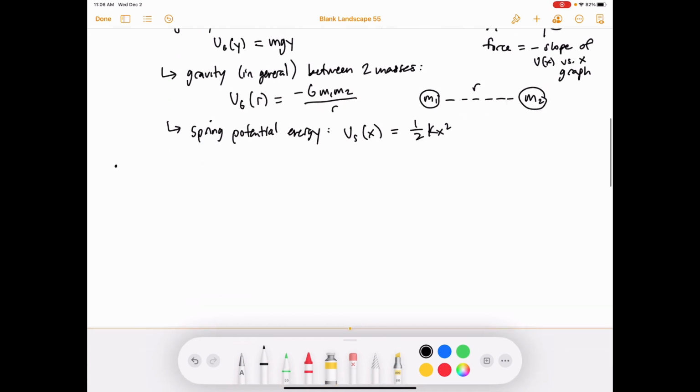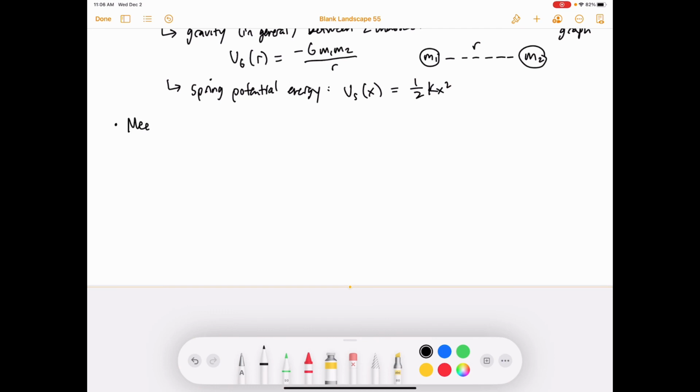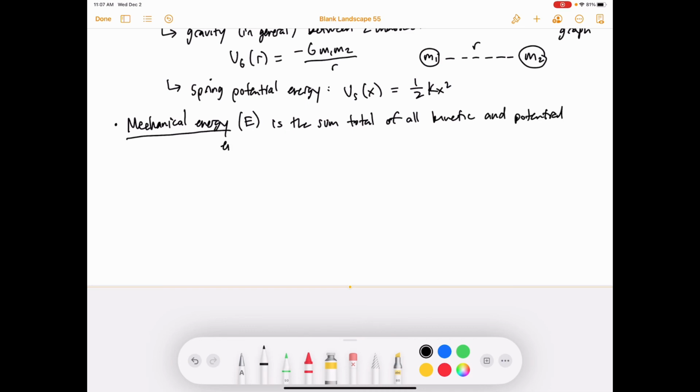Now, when we talk about the mechanical energy of a system, and this is given by E, by the way, the mechanical energy is the sum total of all kinetic and potential energies in a system.